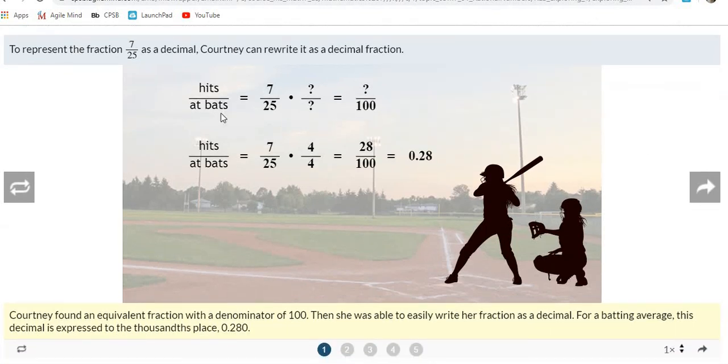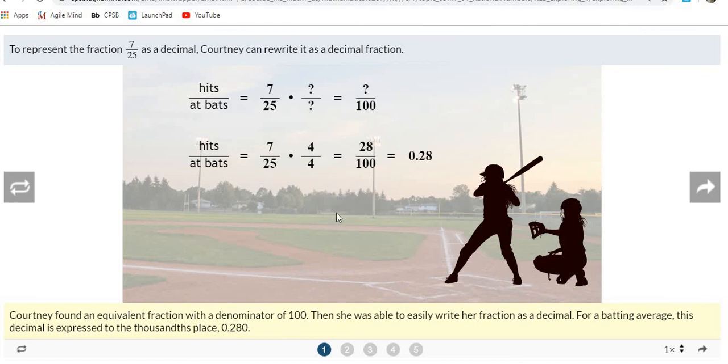Okay, this was just one method of finding the decimal form of a fraction. She knew that if she changed this denominator to 100, she could quickly convert that to a decimal. If I had 14 over 100, it would be 0.14. That's just something she knew.